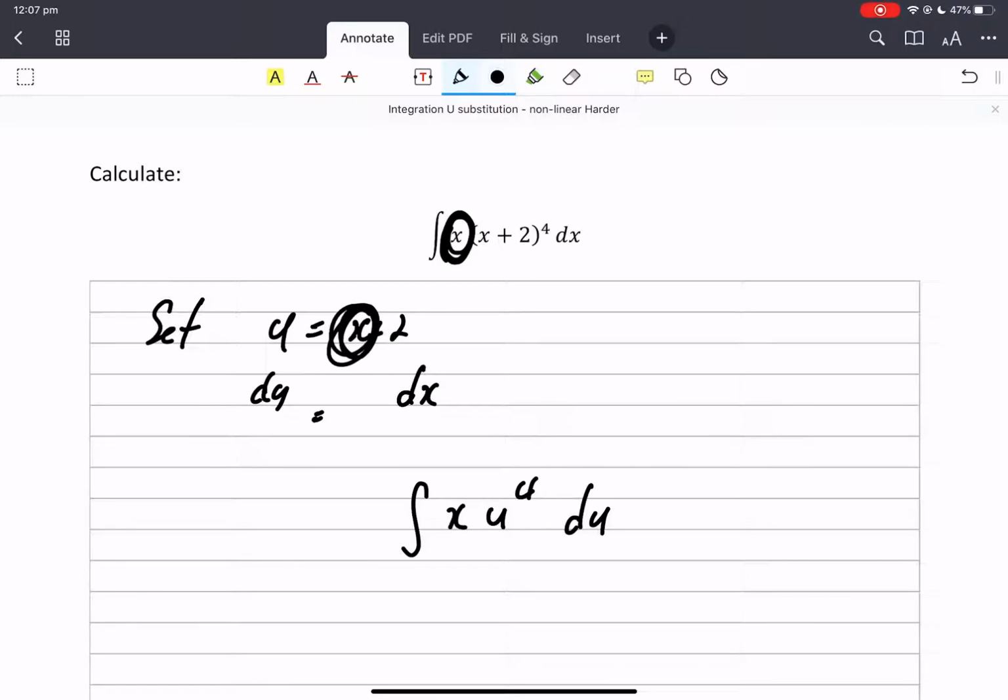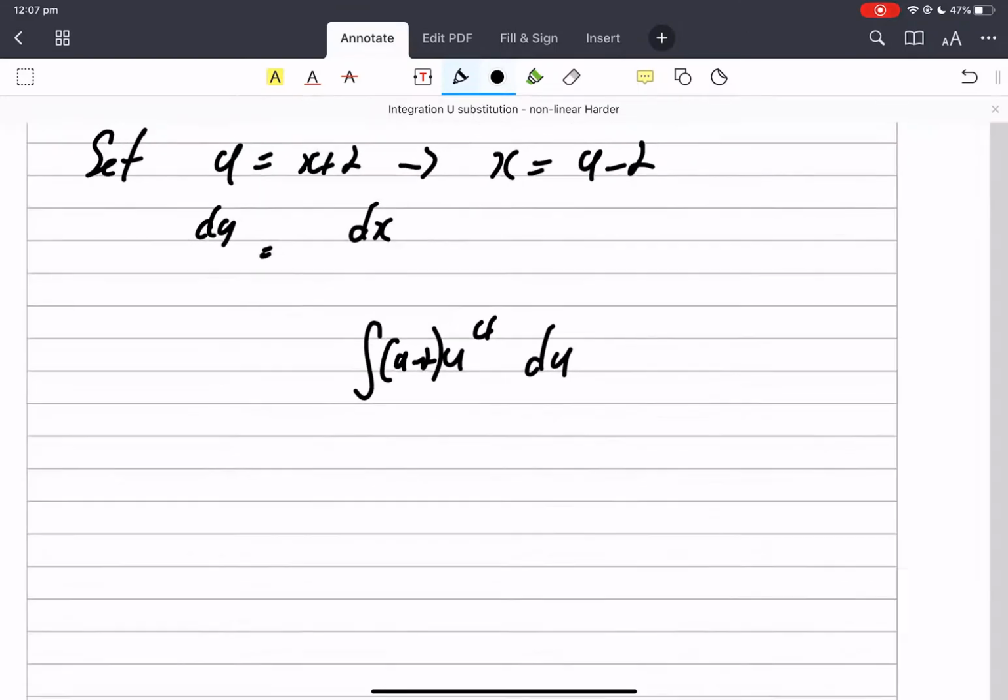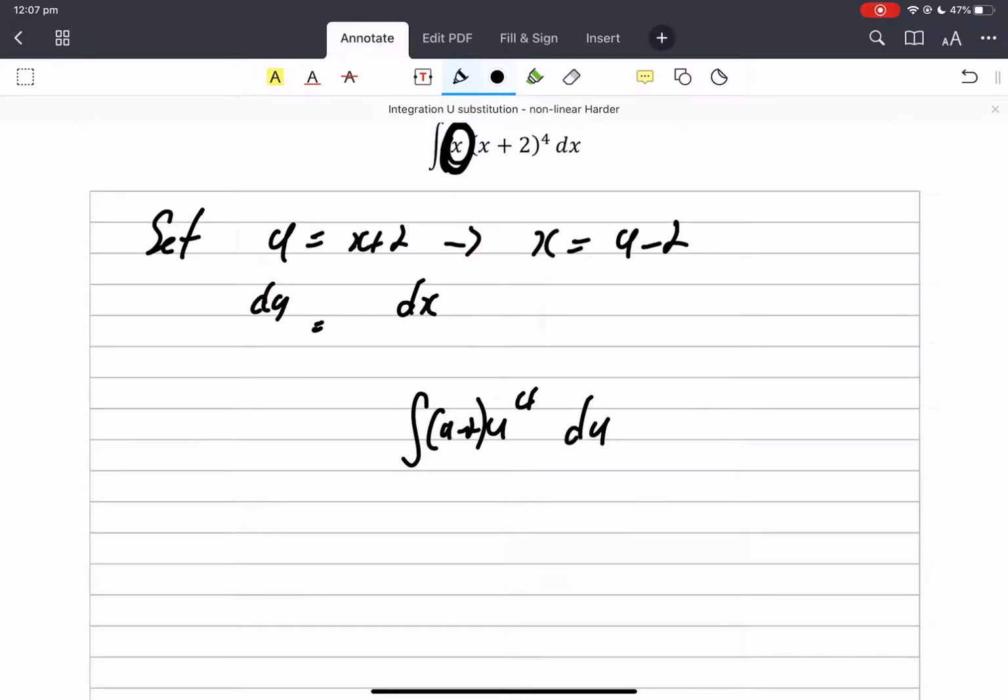Can you see that x? It's the same x. So we can see that x equals u minus 2. I'm glad I left myself enough room there, but you can see that, I think.